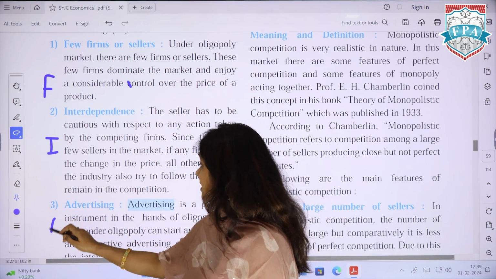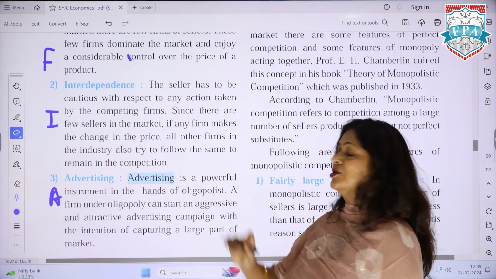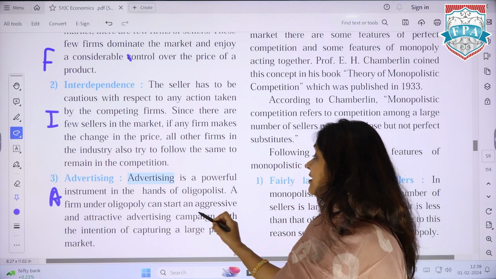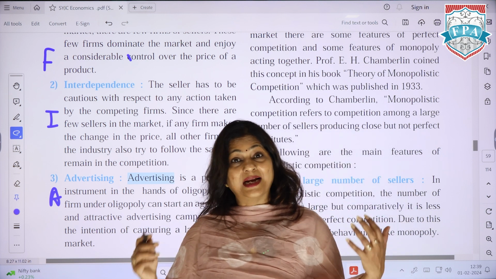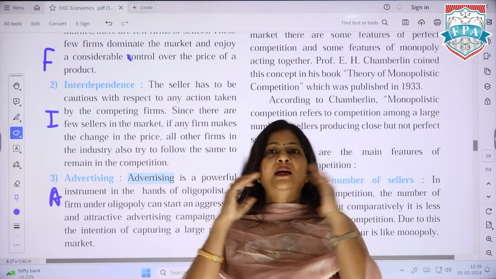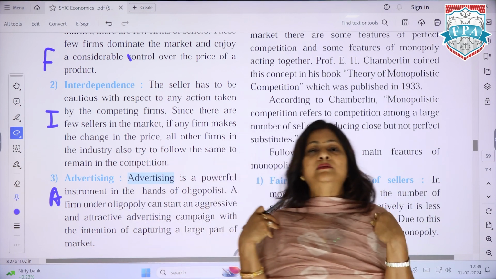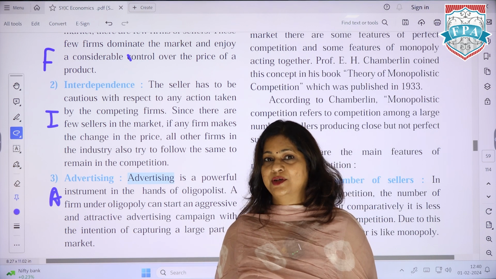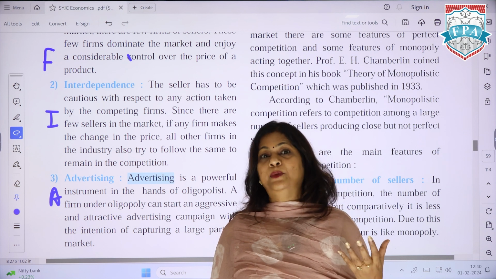Yes, advertising is very instrumental. It's a powerful instrument in the hands of oligopolist. A firm under oligopoly can start an aggressive and attractive advertising campaign with the intention to grab a larger share in the market, because there are few sellers and lot of buyers, and those sellers only need to cater to the demands of all the consumers. So advertising will play a very important role in an oligopoly market.